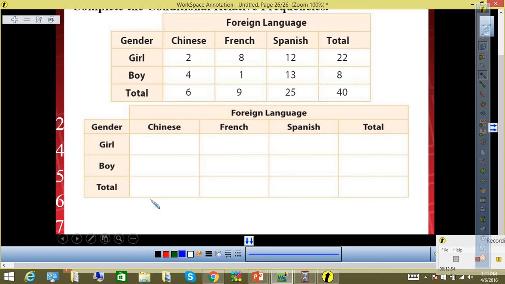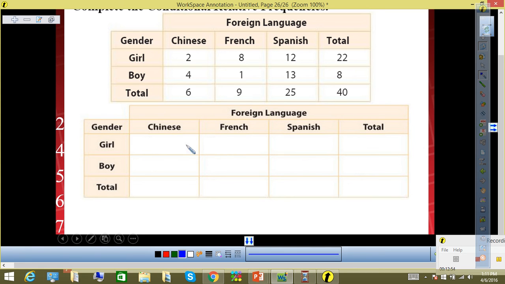Okay. Which are the joint relative frequencies? Which ones are we going to focus on? Okay. Boy, girl, Chinese, both, yes. So give me one cell. Which one am I going to focus on right now?